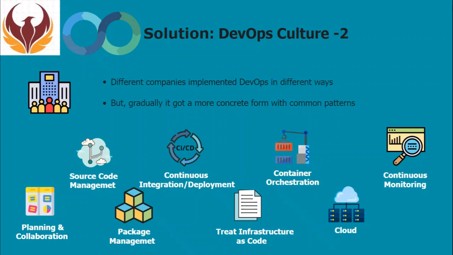Then comes package management, where you put all the required configurations, specify the variables, dependencies and everything. Then comes continuous integration and continuous development, which helps make all this automated. Earlier it was very manual, now it is automated.